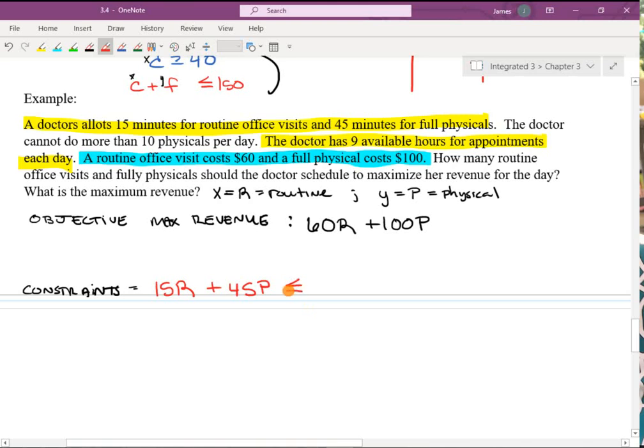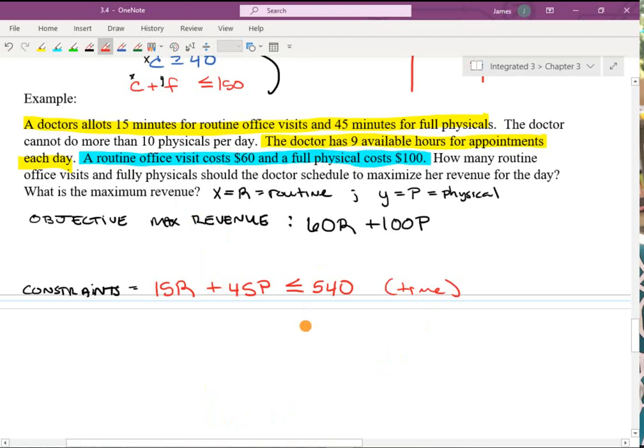That amount has to be less than 9 hours, which in minutes, how many minutes would that be? What's 9 times 60? What's 9 times 6? 540. So 540 minutes are available. Okay? So I'm just going to put in parentheses here, that's my time constraint.